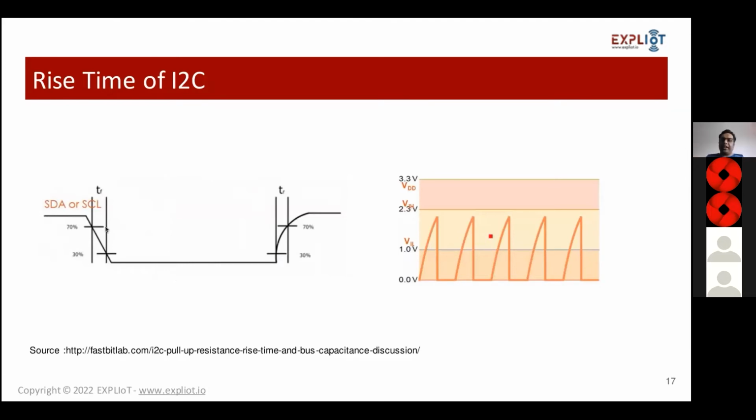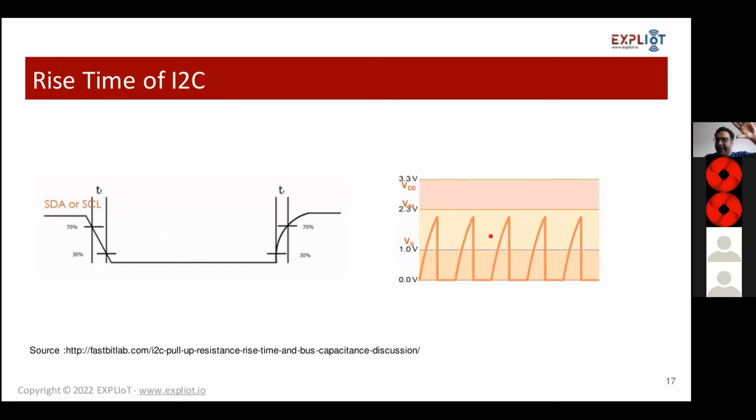As per the I2C specification, when the master and slave communicate, the voltage should be at least more than 70%. Now, if I have a higher bus capacitance or a higher resistance, there is a direct impact through the RC time constant.